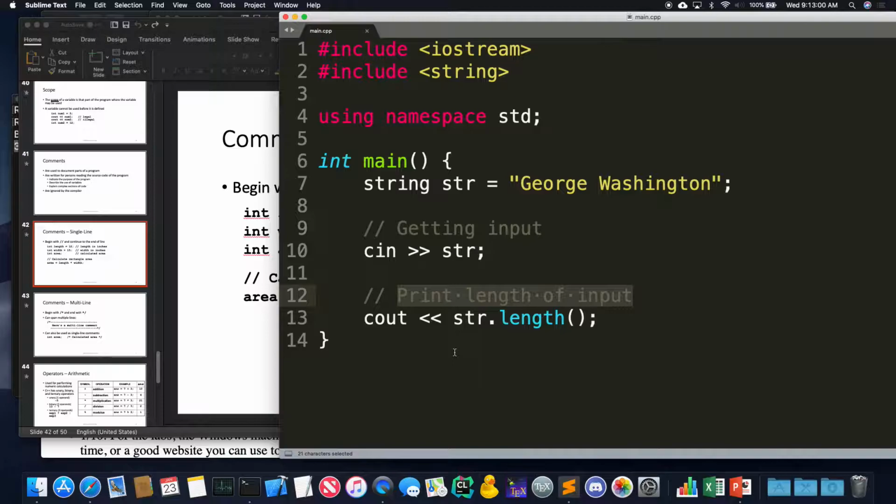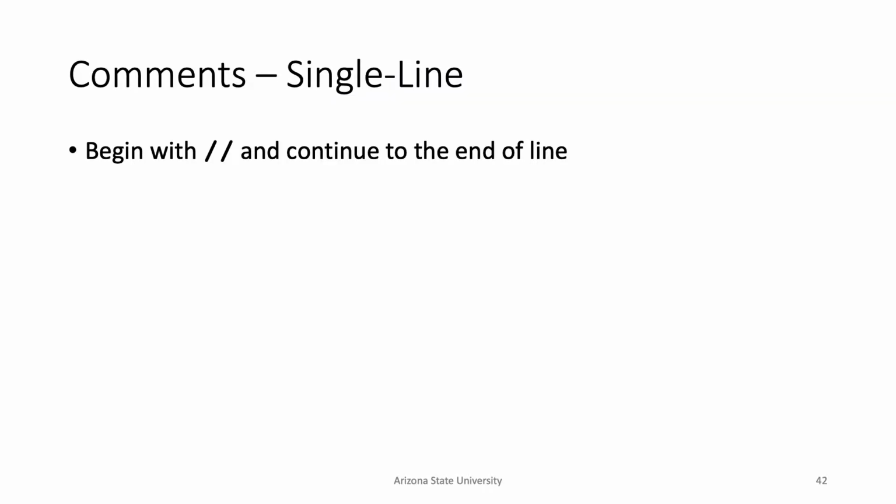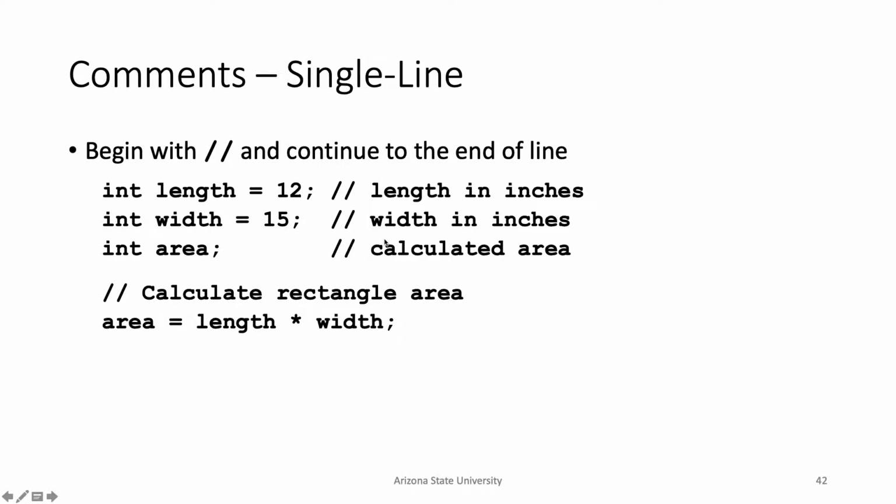So single line comments really are single line comments. Okay, so it doesn't have to be on a completely new line like I just did. You can have them right after a statement ends, that sort of thing. So here are some more examples. And you can have it on a new line like this.